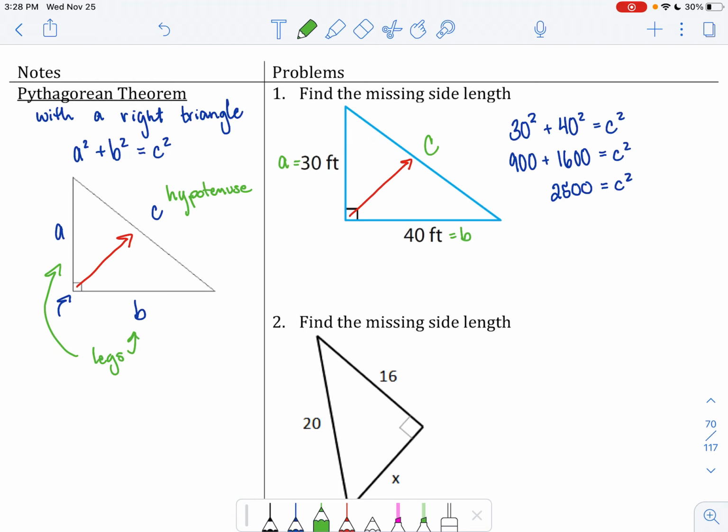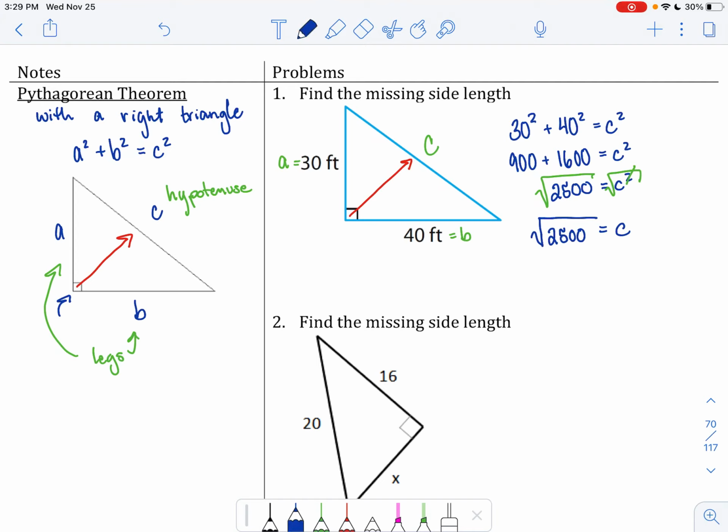And this is where it's nice to have a calculator and why it needs to have a square root. When we get rid of the square, so that we can get c by itself, the square root and the square cancel out. So c is equal to the positive square root of 2500, and we know it's positive because remember square roots can come in positive and negative, when we're talking about the length of something that exists, positive is the only type of number that makes sense.